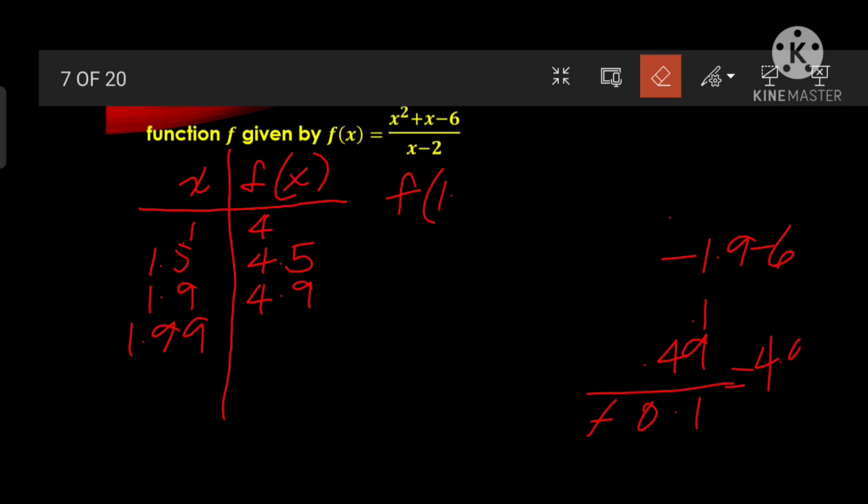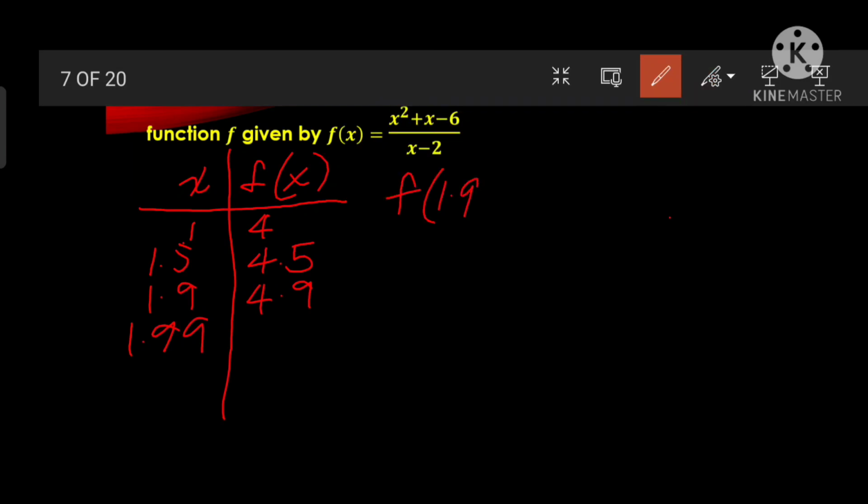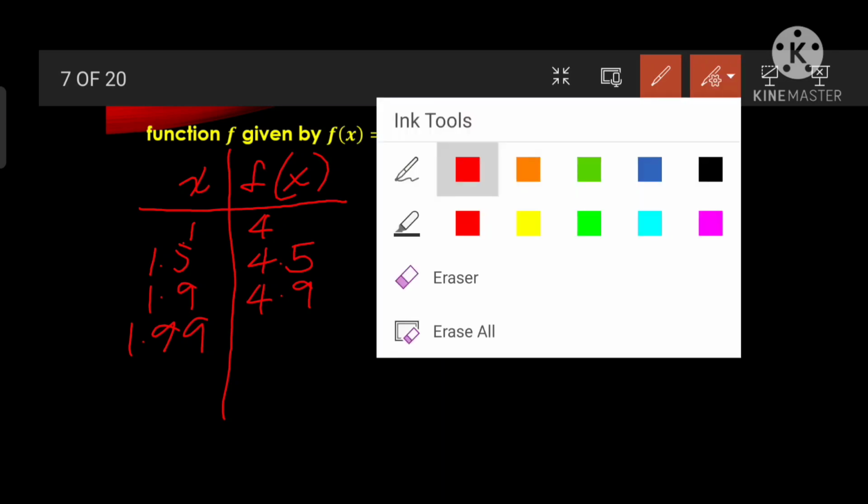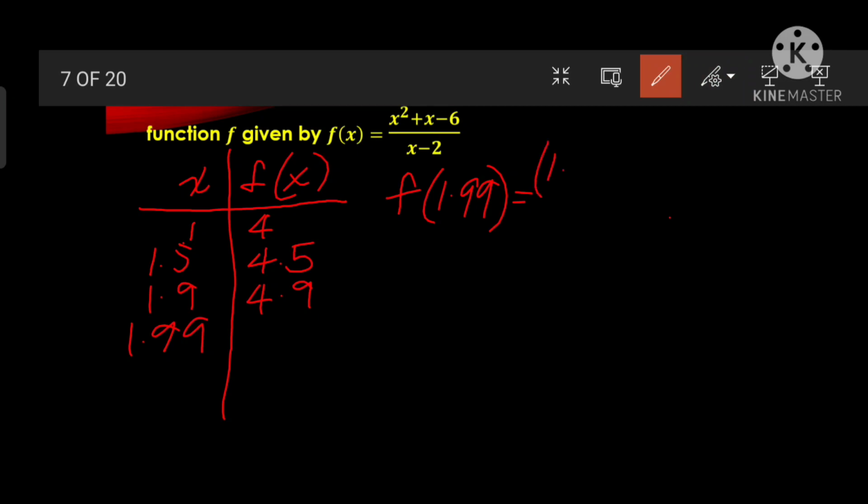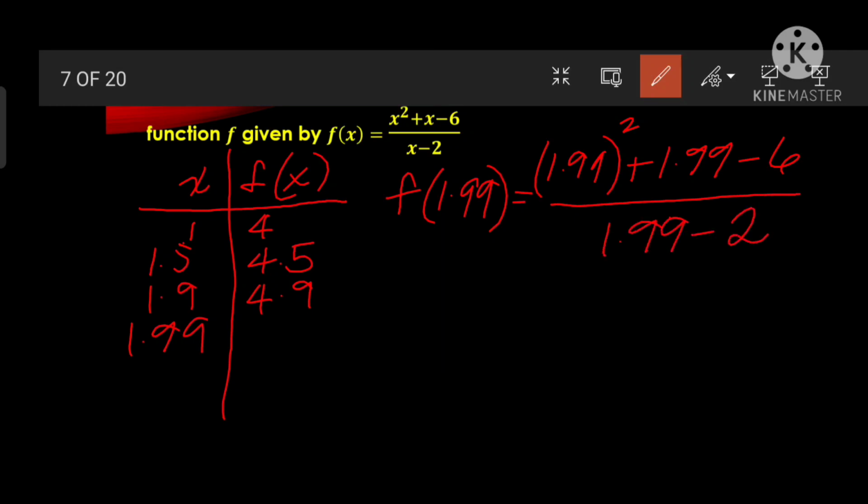Let's erase this, since we are investigating. Okay, so 1.99. So 1.99 squared plus 1.99 minus 6 all over 1.99 minus 2.